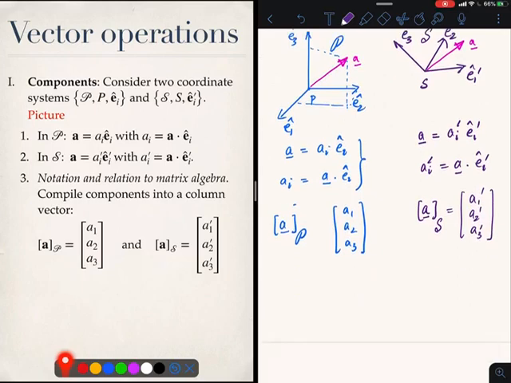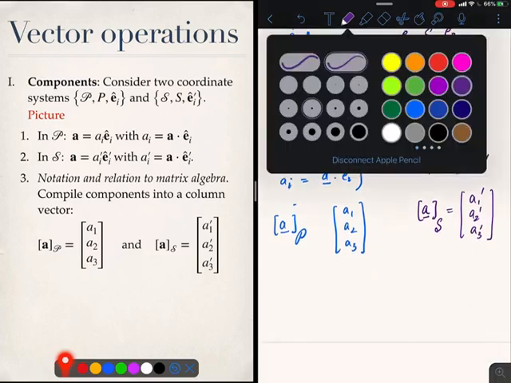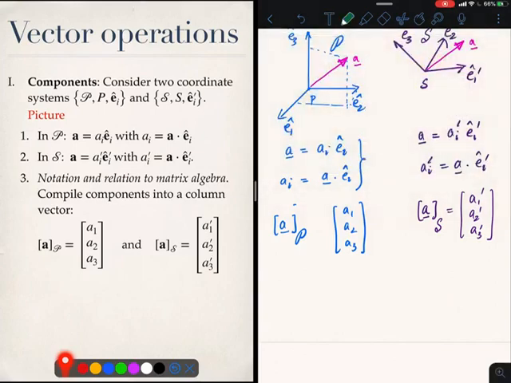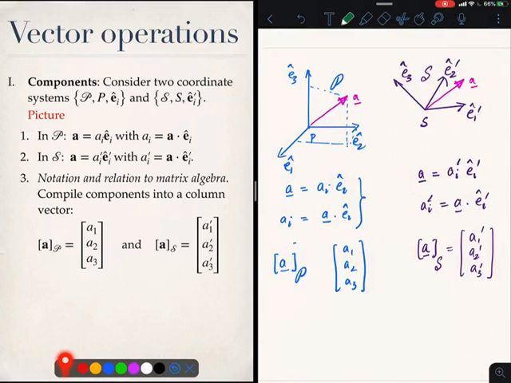Okay, so now let's talk about this. The vector is the same. The coordinate systems are different.